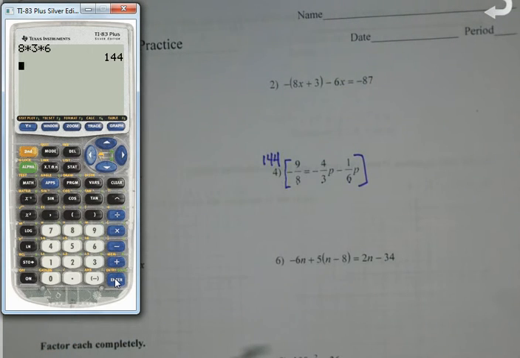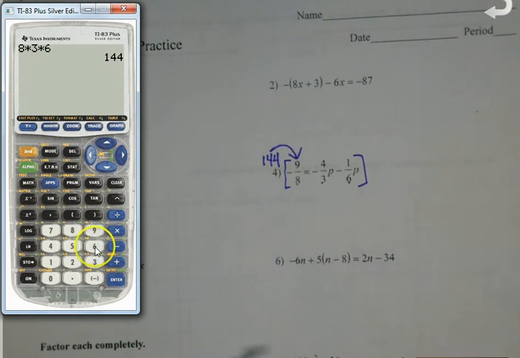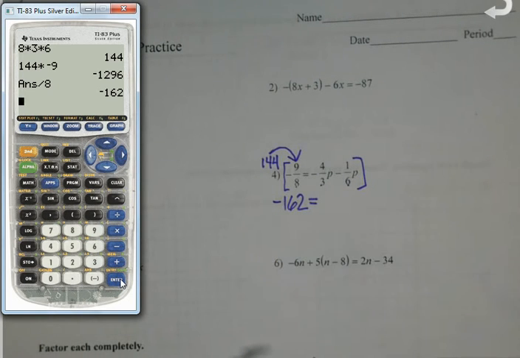I have a calculator. So if I do it with the 144, again, this distributes through. And the deal is we take that number times the numerator, and if there's a negative, I'm going to put the negative with it. So 144 times negative 9. And then we divide by the number on the bottom, because that's really what a fraction is anyway. And I get that in there.